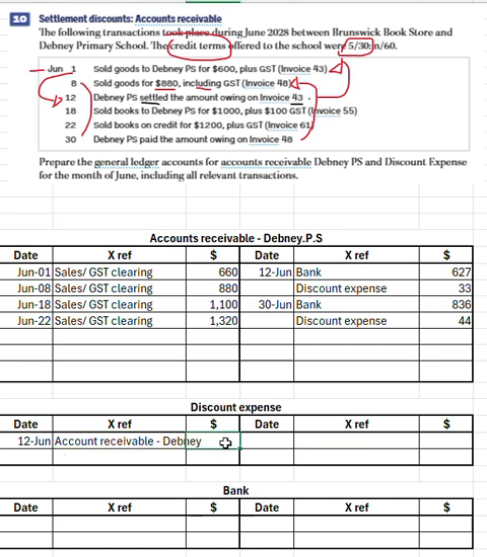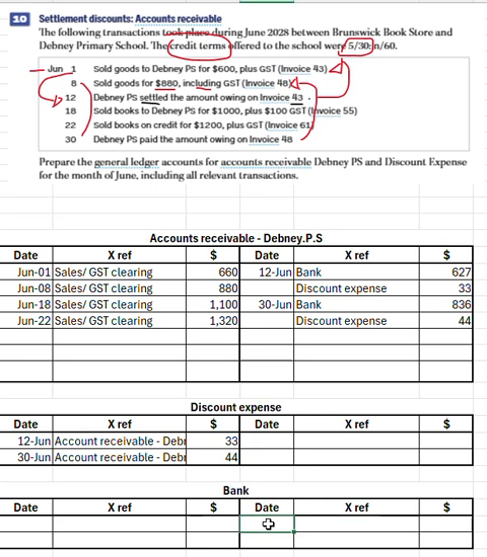Okay, for 33, and then again on the 30th of June we're going to have the same entry, accounts receivable for 44. So again, the reason why this is an expense is because it's actually reducing the balance that our credit customer Debney owes us, so therefore it's decreasing an asset and it's decreasing owner's equity.